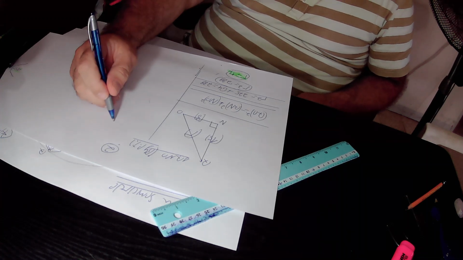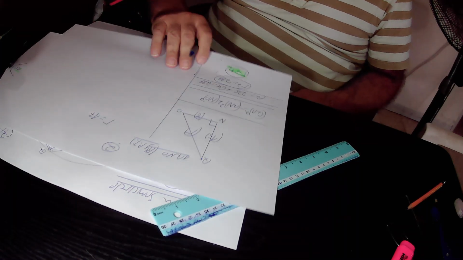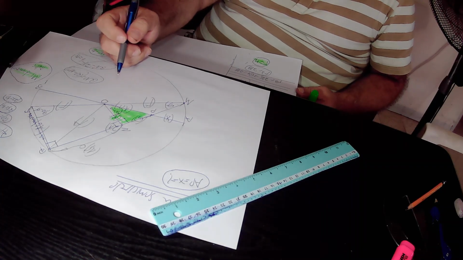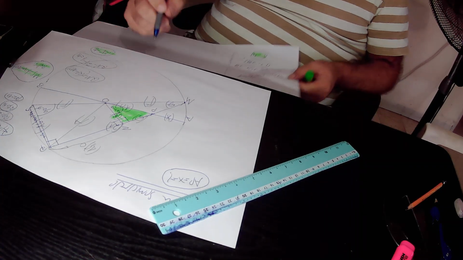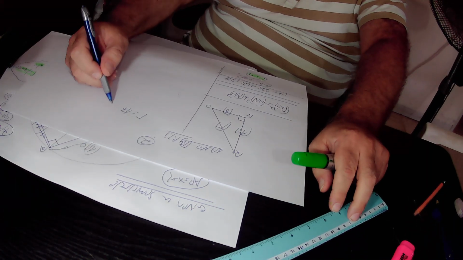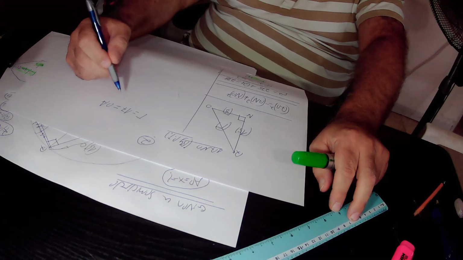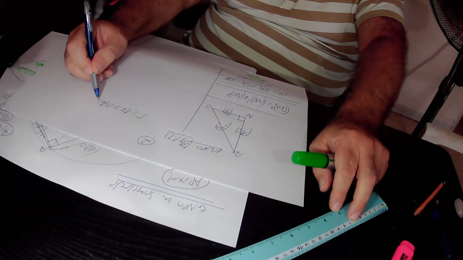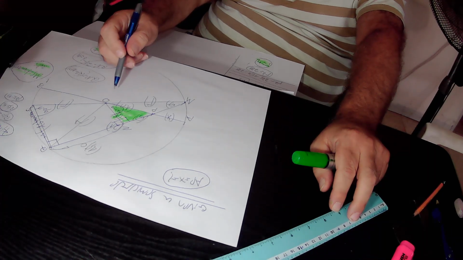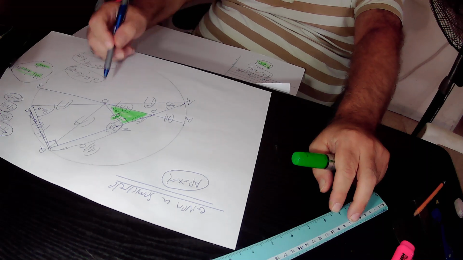R equals 17 units. OA is also the radius of this circle, so OA equals 17 from one side, but from the other side, OA equals AP plus PO.